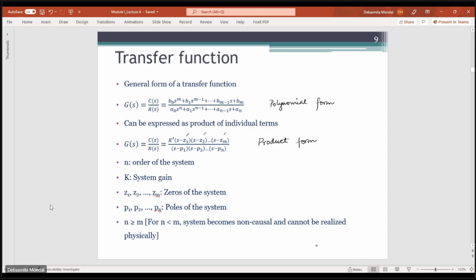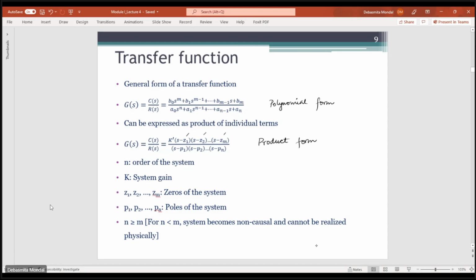Now, in general the number of poles is greater than or equal to the number of zeros; that is the general norm or convention. But if there is a system where the number of zeros is more than the number of poles, then the system becomes non-causal, and those kinds of systems cannot be realized physically.